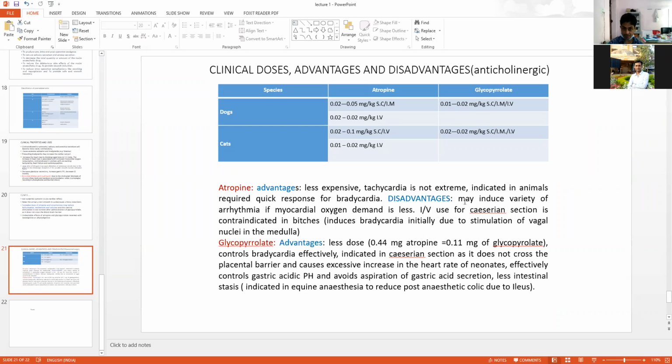And what are the different disadvantages of using atropine? It may induce a variety of arrhythmias if myocardial oxygen demand is less. IV use for cesarean section is contraindicated in bitches. So in case of a pregnant bitch, you cannot give atropine. Contraindication is also very important.